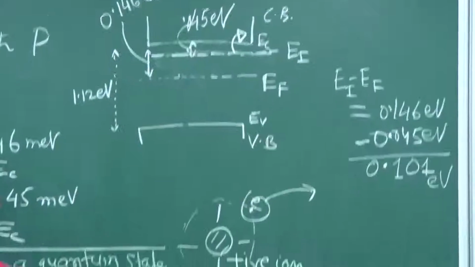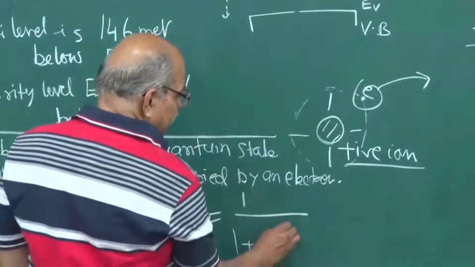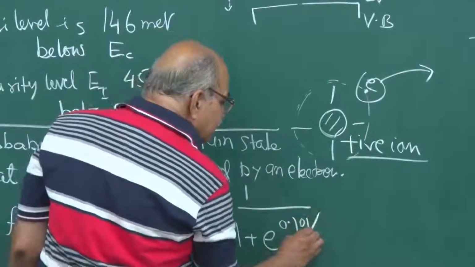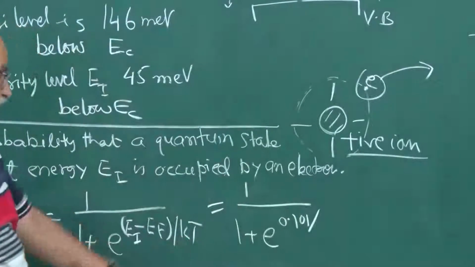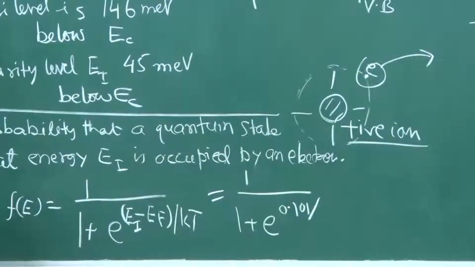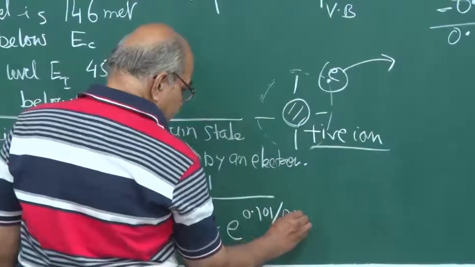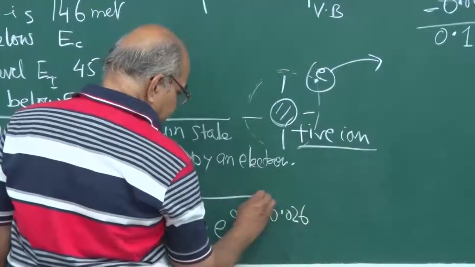So this is 0.101, and then that divided by k times T. Taking room temperature 300 K, kT is 0.026 eV.